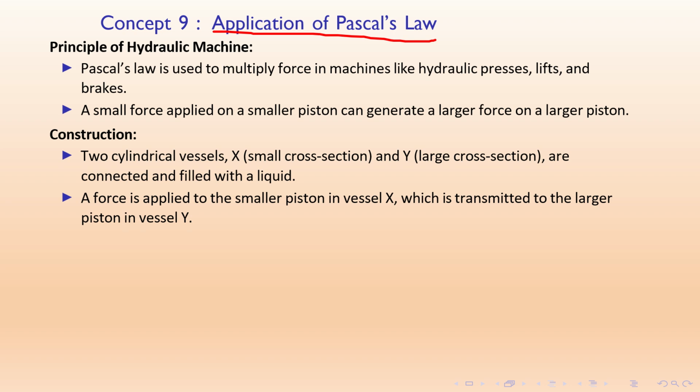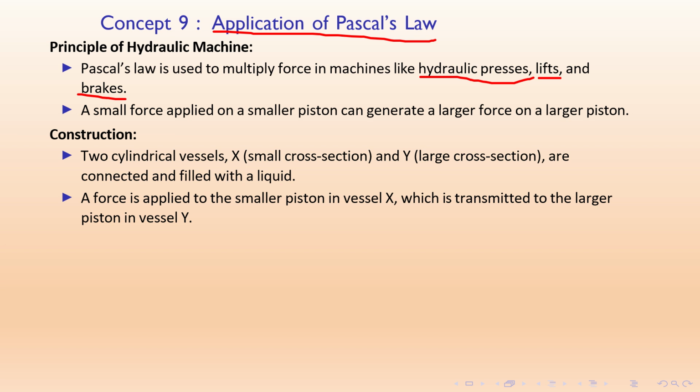One is hydraulic machines, or we can sometimes say hydraulic press or hydraulic lift, which all come under these hydraulic machines. Pascal's law is used to multiply forces in machines like hydraulic press, lifts and hydraulic brakes.